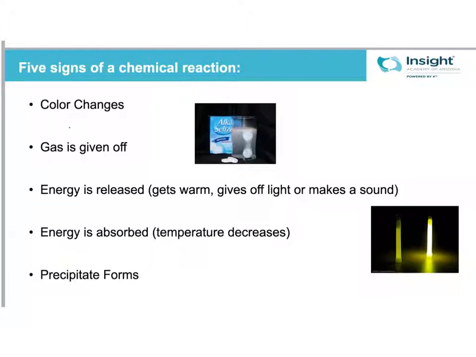Something that you wouldn't expect to happen. One color change that sometimes isn't an actual reaction is when you have a blue liquid and you add a clear liquid to it and it becomes a lighter blue. That's just because you diluted the color. So that's the only non-reaction color change that I don't want you to get confused by.